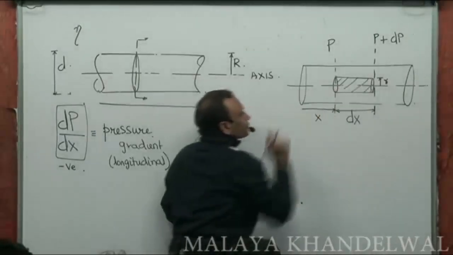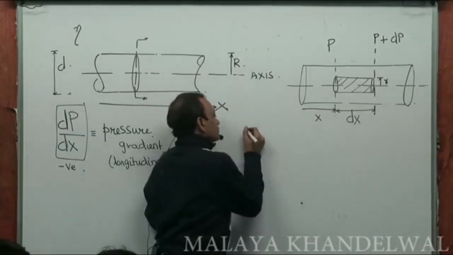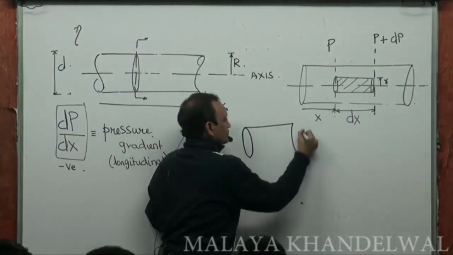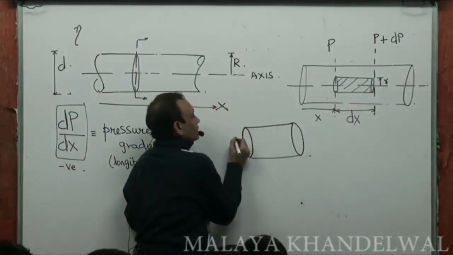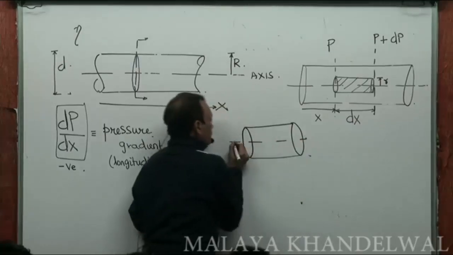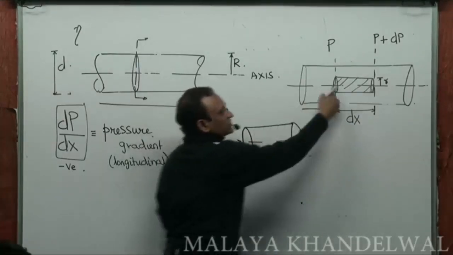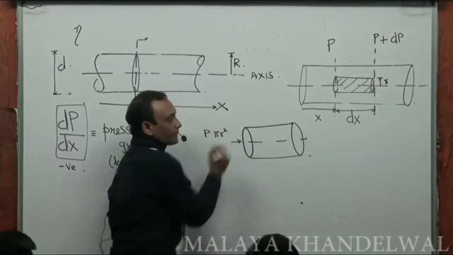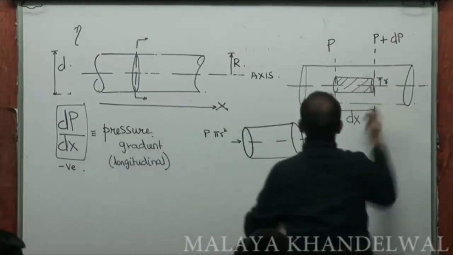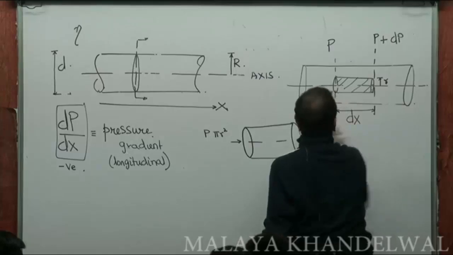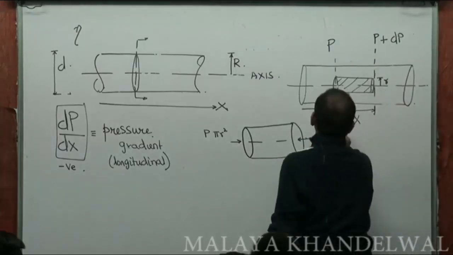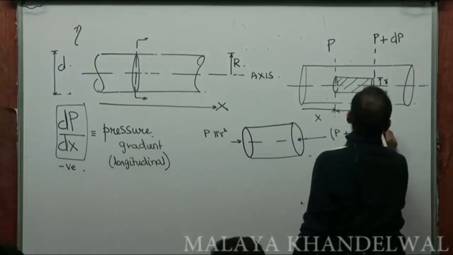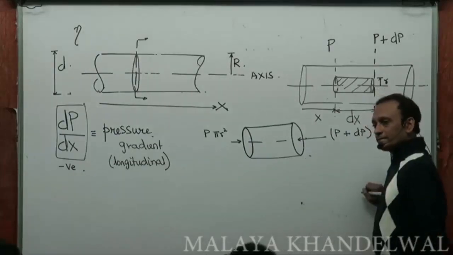So now, on this fluid element, the lateral force is acting on it. There is going to be a force acting on the left surface, which is P into pi r squared, right? And on the rightmost circular surface, the force is going to be P plus dP into pi r squared, right?